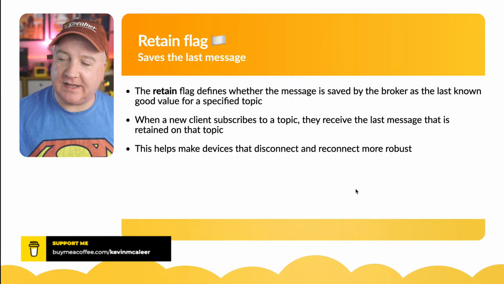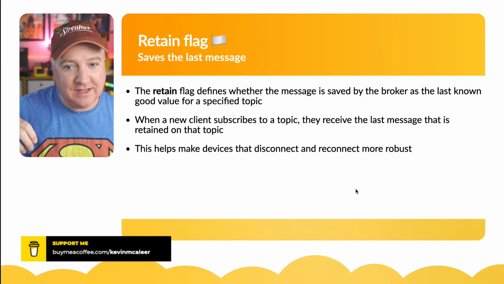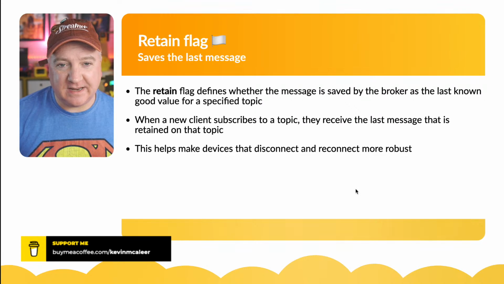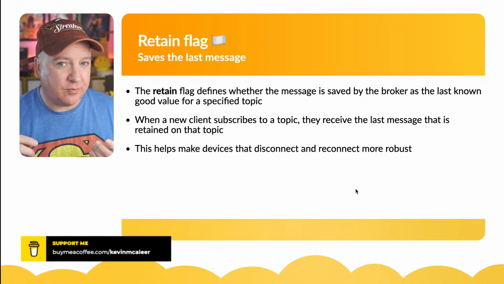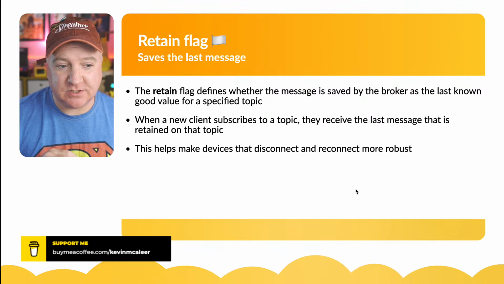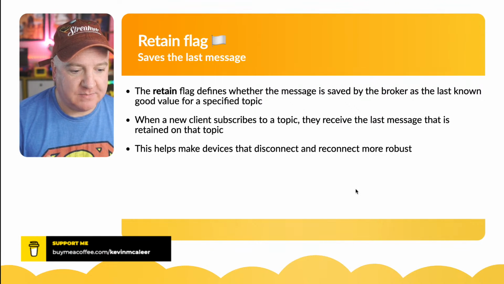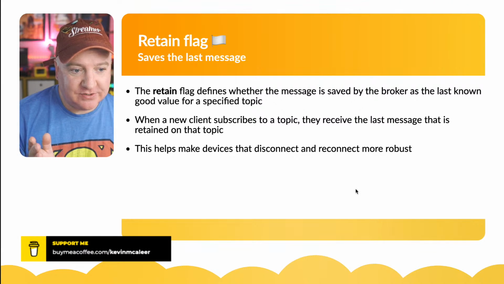Imagine you've got, like I have in the loft, a fan. If there's a power cut and then the power comes back on, the MQTT broker might think that the fan is still on when it's actually off. So we can see what the previous state was because of this retain flag. It's kind of like a toggle, but with an actual message. So that's what retain does.